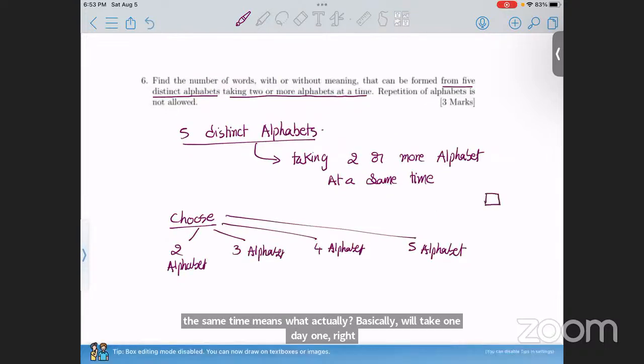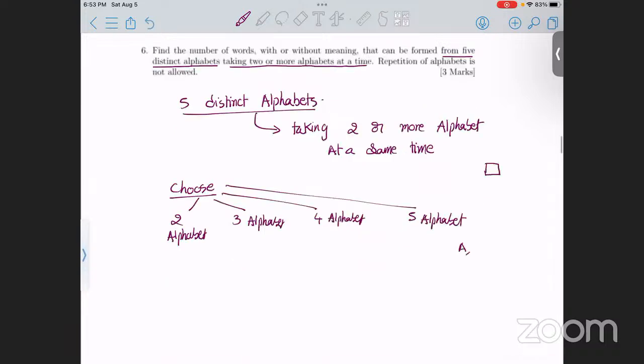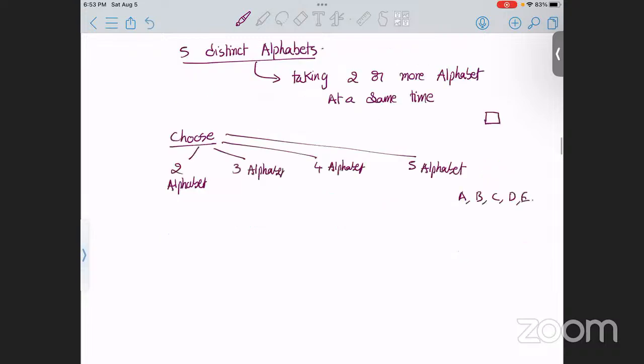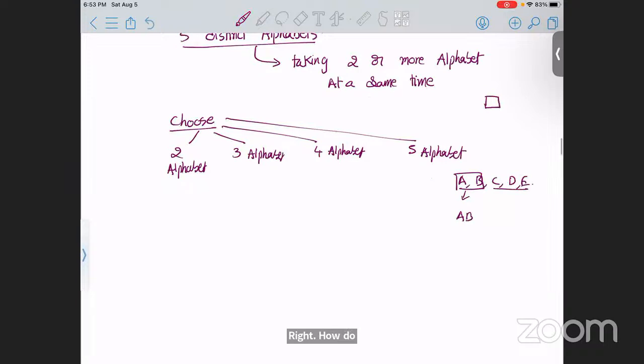First, select 2 alphabets. For suppose A, B, C, D, and E. These are distinct. First, select 2, and then leave the remaining 3. And then arrange these 2. If you select A, B, leave the other 3.